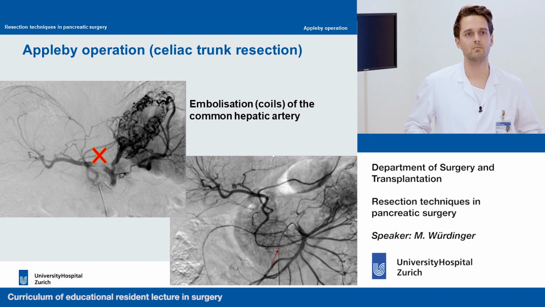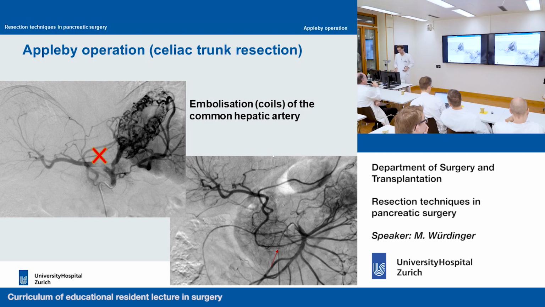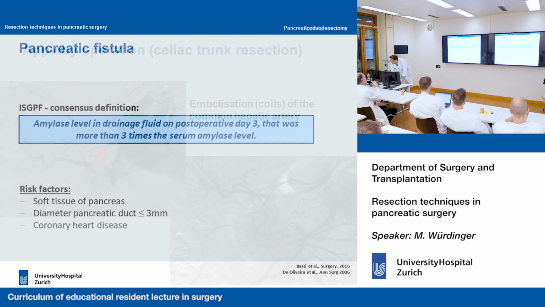Okay. Maybe two points. A major factor in the risk of fistula is the consistency of the parenchyma. That is very well documented. Soft pancreas versus hard pancreas, small pancreatic duct, play a major role, and in fact we use a different technique. If this is a soft pancreas or a hard pancreas, the hard pancreas doesn't need to be drained.